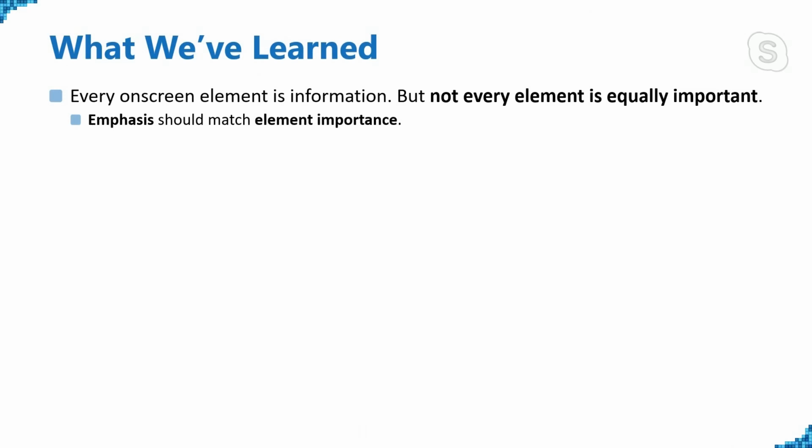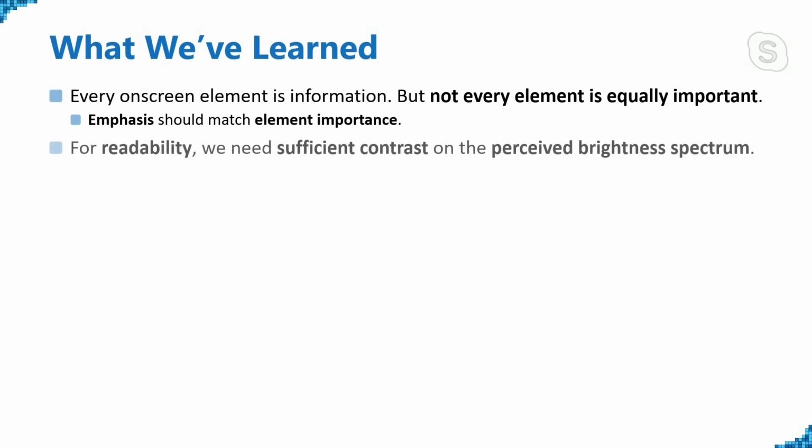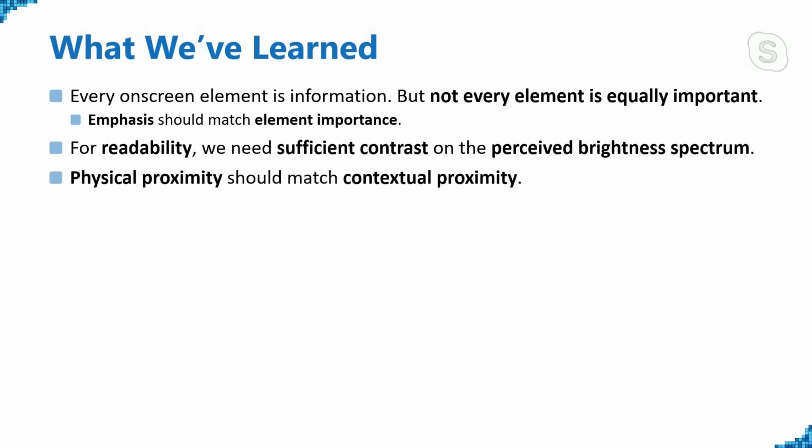Emphasis should match element importance. For readability, we need sufficient contrast on the perceived brightness spectrum. That means black and white. Physical proximity should match contextual proximity. That means friends should be close, and enemies of the friends should be kept far apart.